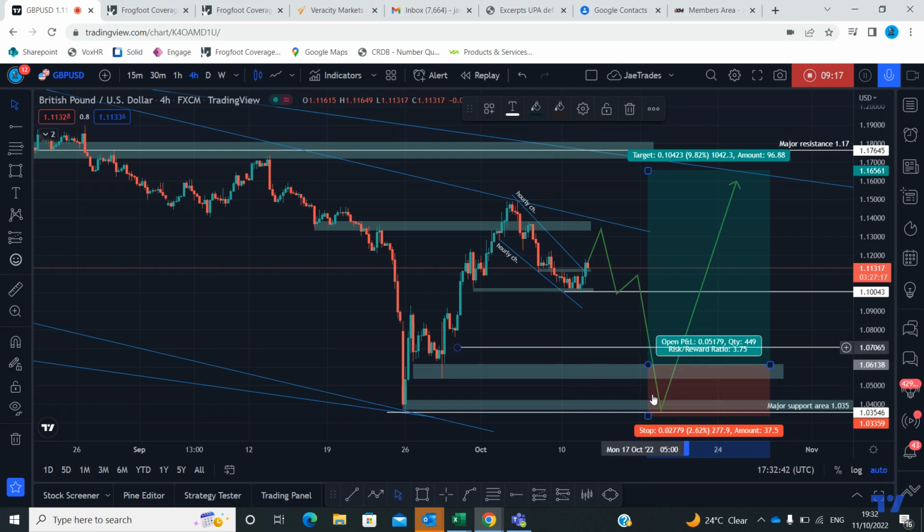So anywhere between this, I'll be looking at the market to give me the kind of confluences that I need to enter the market and push my buys. But what I've seen happen is that the market can come into those areas but not actually give us the confluences and triggers that we want for us to enter the market.